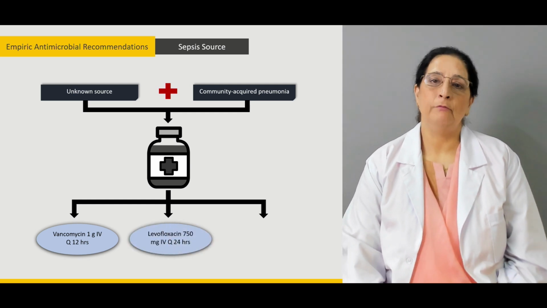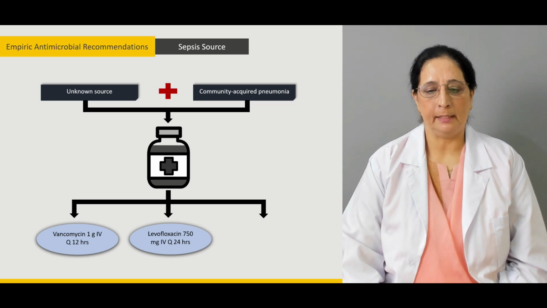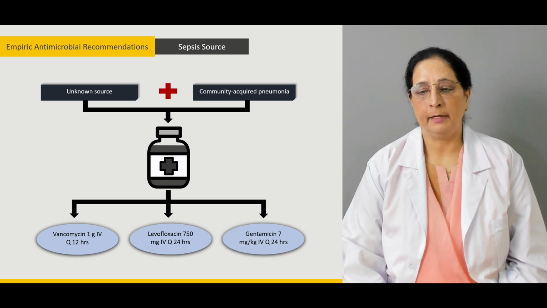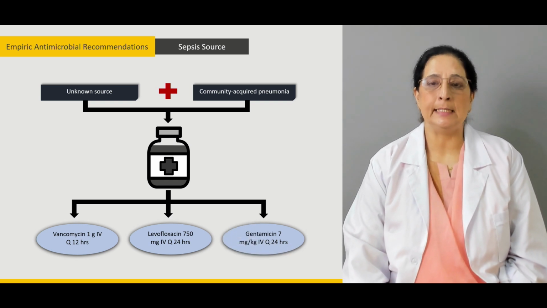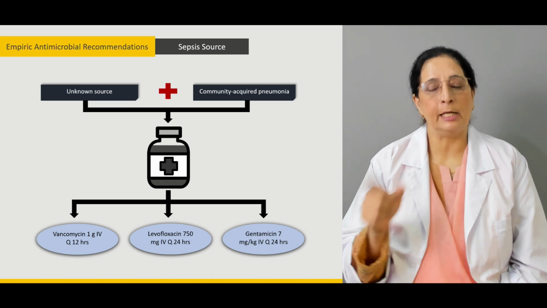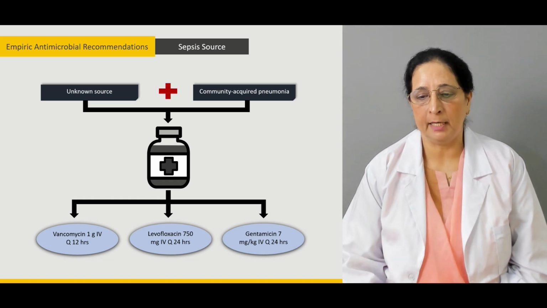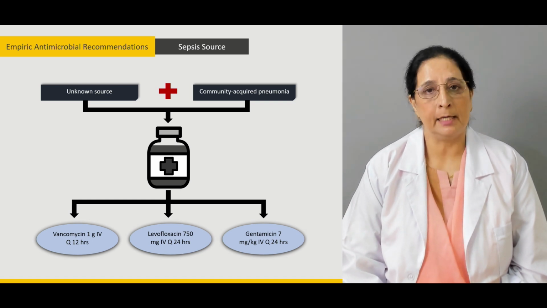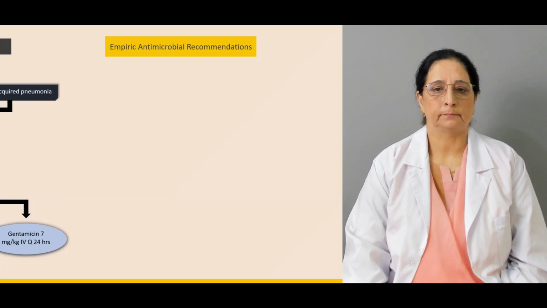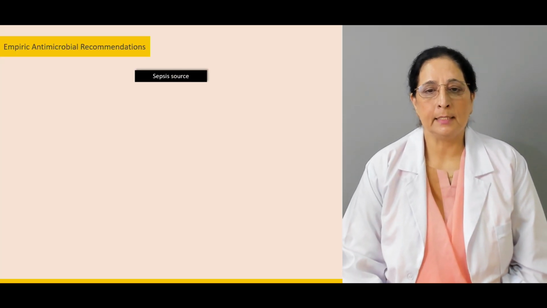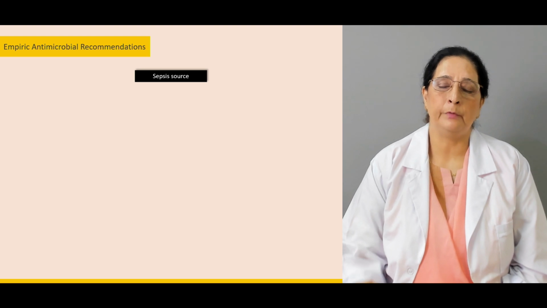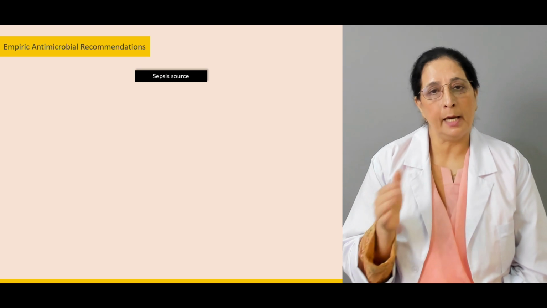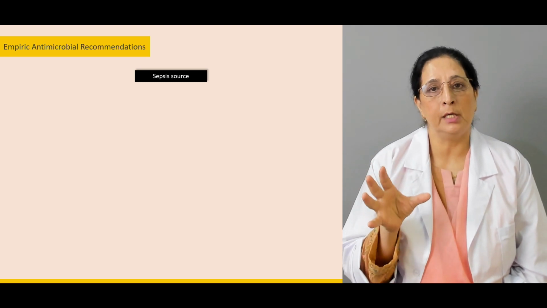Another option is levofloxacin, 750 milligrams intravenously every 24 hours. And then we can also give gentamicin, 7 milligrams per kilogram, so depending on the body weight, intravenously every 24 hours. First we talked about the unknown source and community acquired pneumonia.